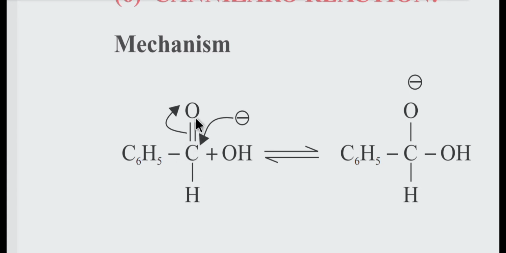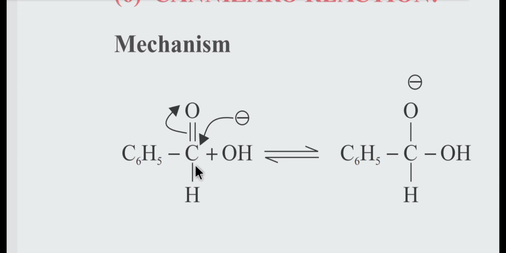It is attached to the electronegative element oxygen, which strongly withdraws the electrons toward itself. So the carbon gets a partial positive charge and oxygen gets a partial negative charge. So the carbon acts as an electrophile, and that's why the nucleophile can attack this carbon.